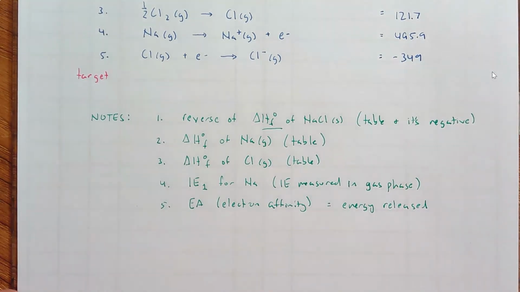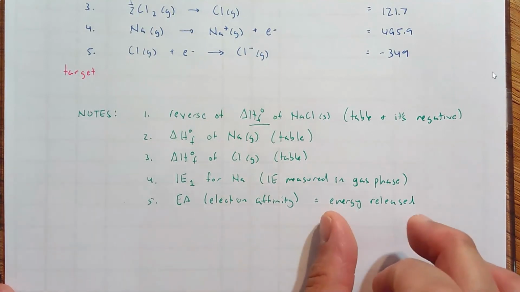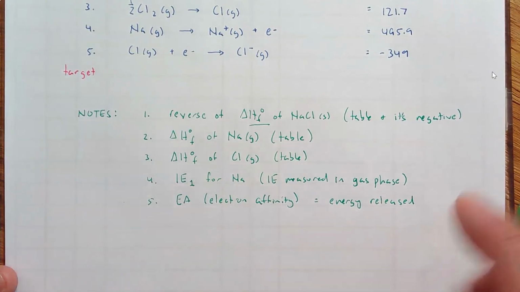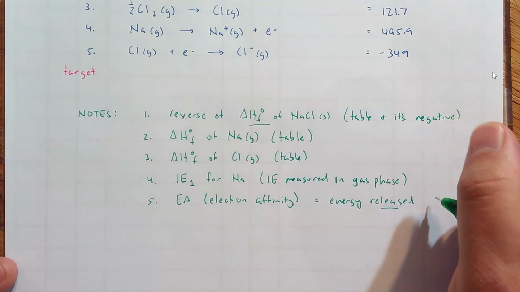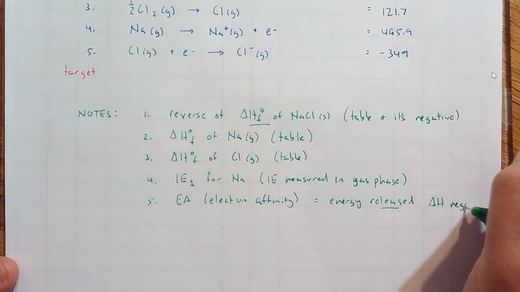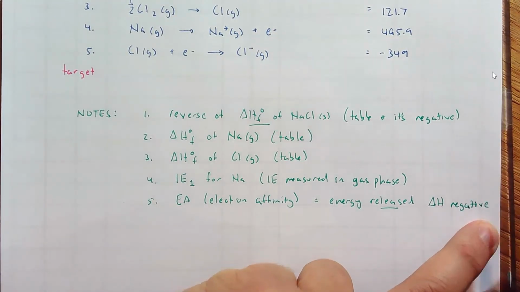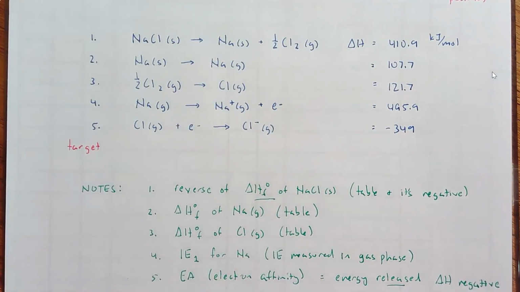So when you read it off of a table, it's telling you the energy released, the positive amount, but since it is released, it will result in a delta H that's negative, right? Releases energy or releases heat. That is actually our only negative delta H. Okay.